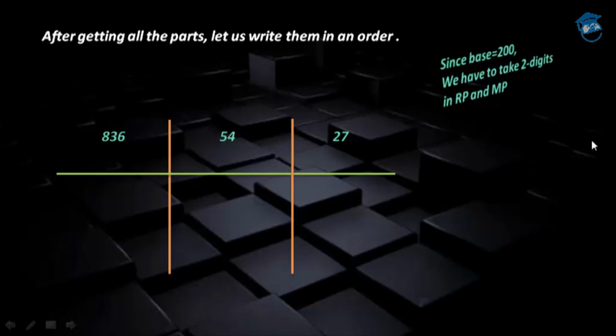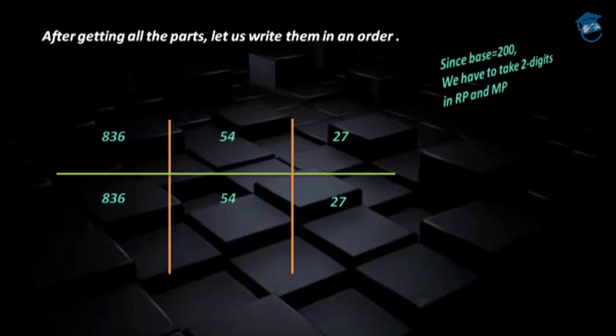If you observe the right part answer, we have only 2 digits, so I am taking them as they are. Coming to the middle part, we have only 2 digits, that is 54, so I am taking 54 as it is. And finally in the left part, we can have as many digits as we want, so I am taking the whole answer, 836, as it is.